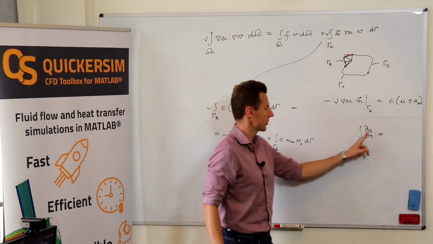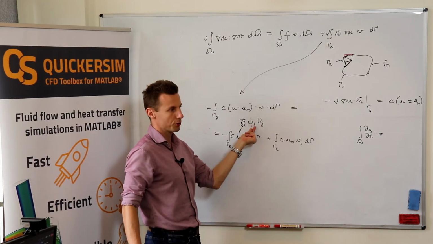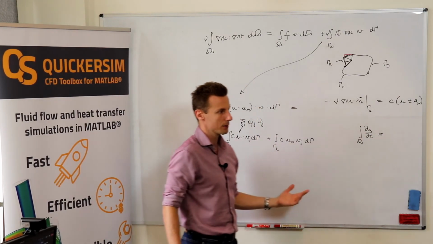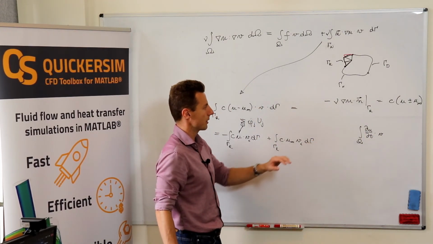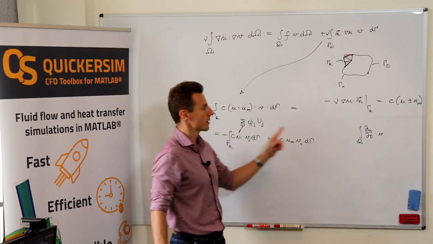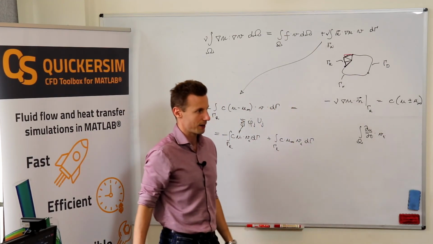Obviously, if you've got such an expansion for u, the shape functions do not depend on time, so the time derivative goes out, and the only thing that you're left with are the shape functions times the test functions.